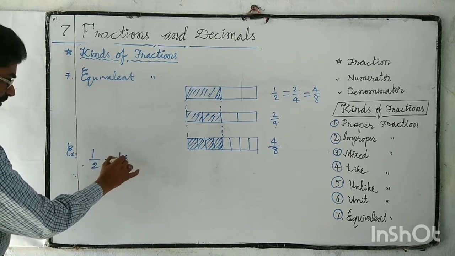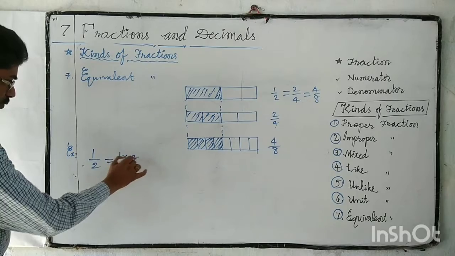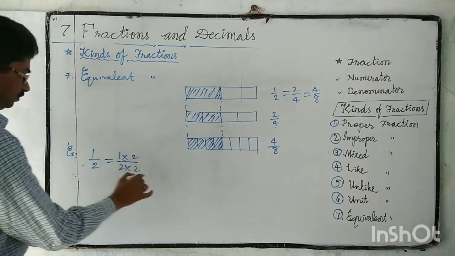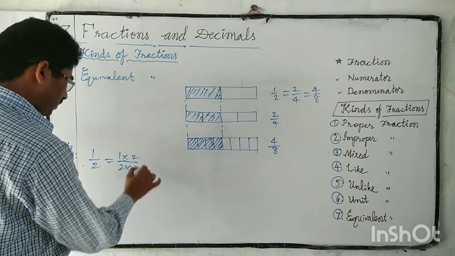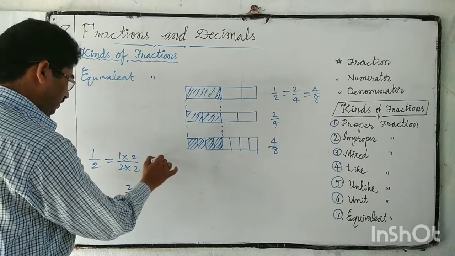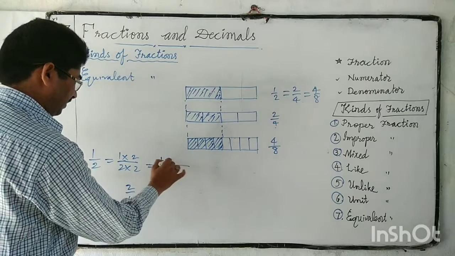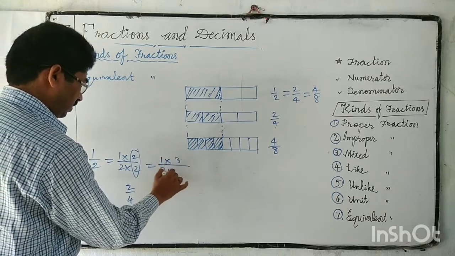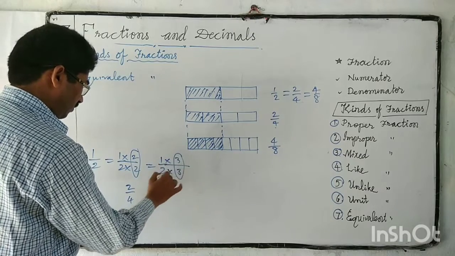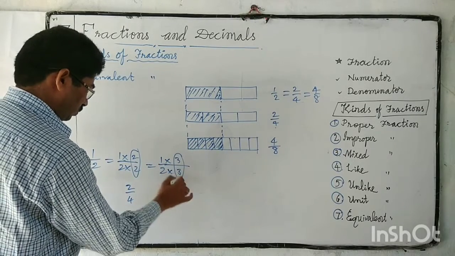First, I am multiplying by 2. So then we can get 2 by 4. And this 1 by 2, I am multiplying same number, here 3. 1 3s are 3, 2 3s are 6.